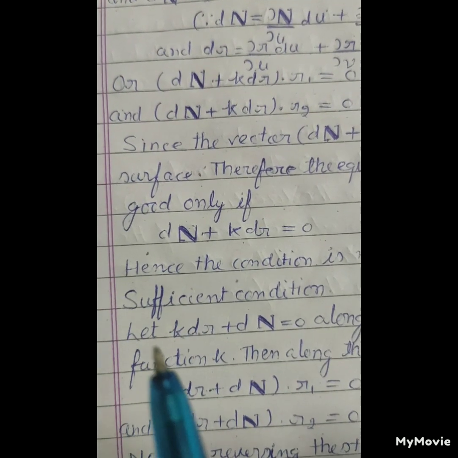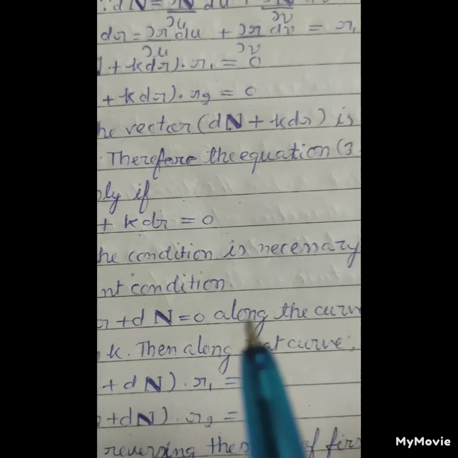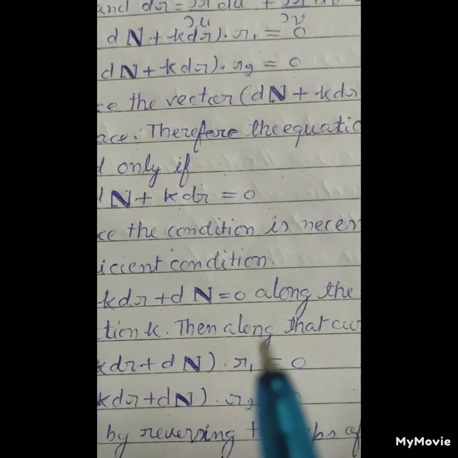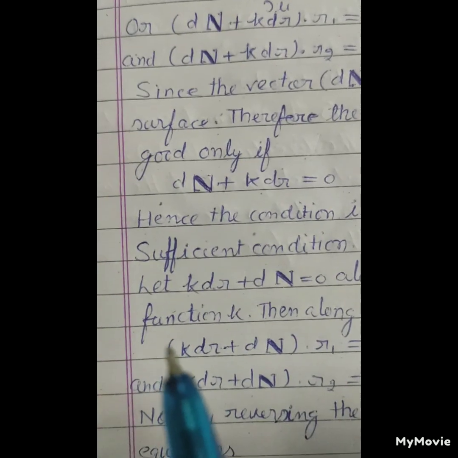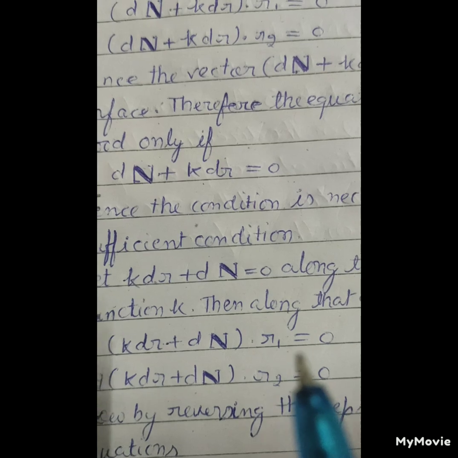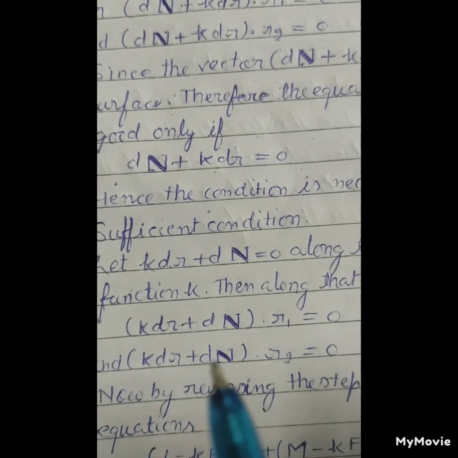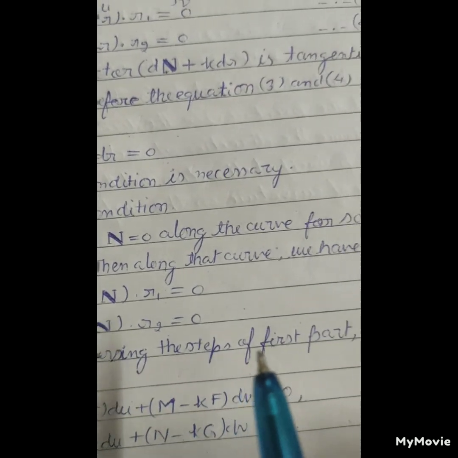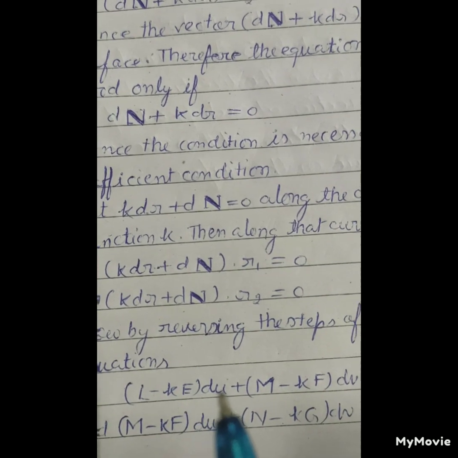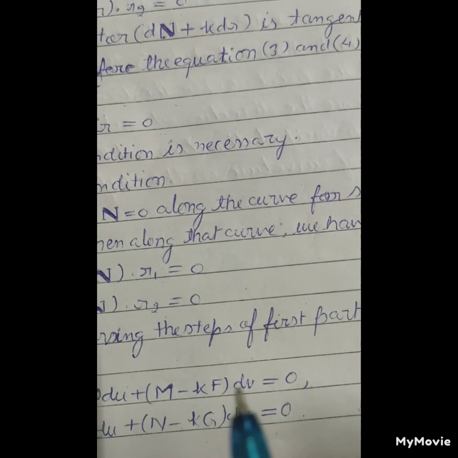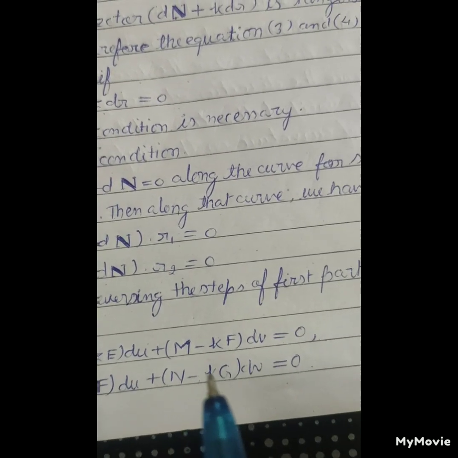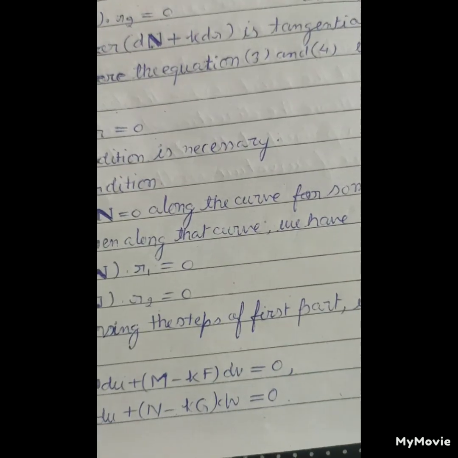Now the sufficient condition: K dR plus dN equals 0 along the curve for some scalar function K. Then along that curve we have (K dR plus dN) dot r1 equals 0 and (K dR plus dN) dot r2 equals 0. Now reversing the steps of the first part, we get the equations (L minus KE) du plus (M minus KF) dv equals 0 and (M minus KF) du plus (N minus KG) dv equals 0.